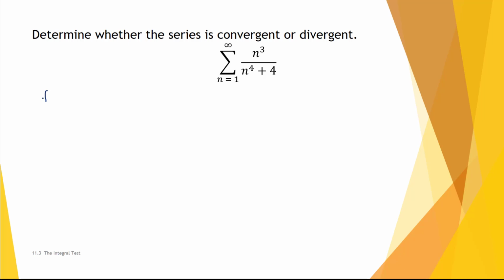That means we are going to consider the associated function f of x equals x to the third divided by x to the fourth plus 4. We are going to observe three things. The first is that f is continuous for all x values for which the denominator is not equal to 0.